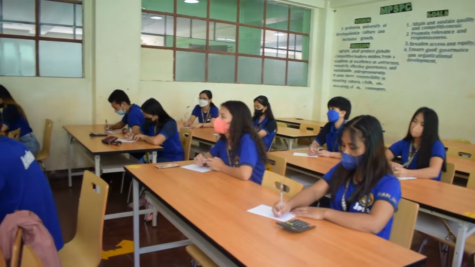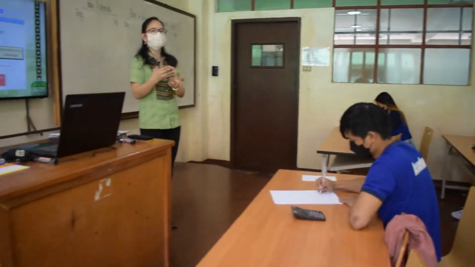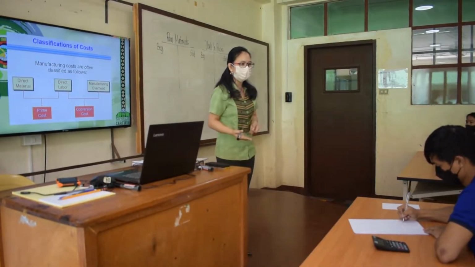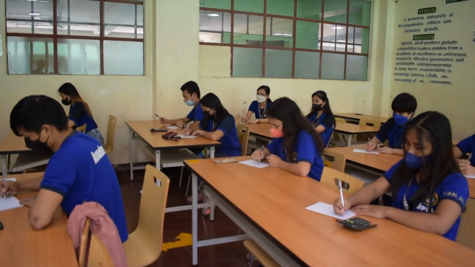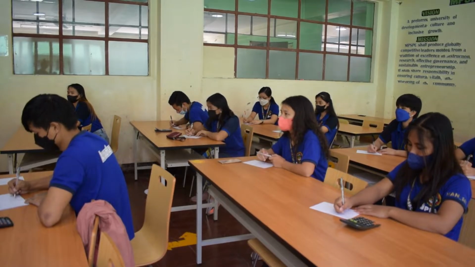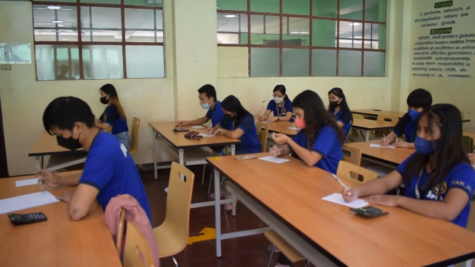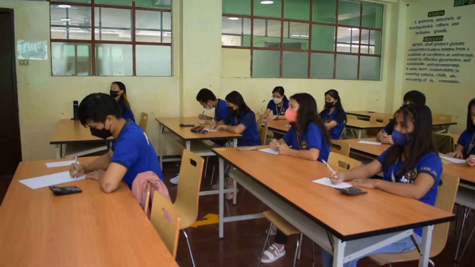Okay. When you include direct labor with the manufacturing overhead, you call it conversion cost. Can you say that again? Conversion cost. But when you add up the three, direct materials, direct labor, and manufacturing overhead, we call it manufacturing cost. Do not forget that. I hope you are not confused there.